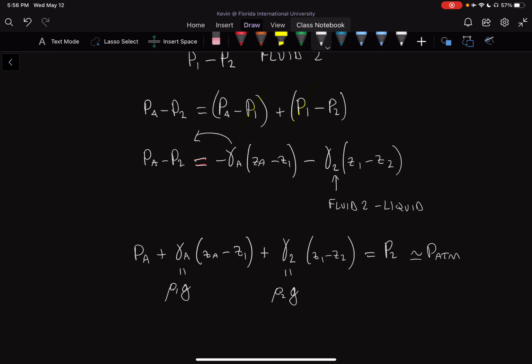So what we're trying to do is estimate the pressure at A. And we have a pressure at point B, which is completely on the other side, equal to 87 kilopascals.